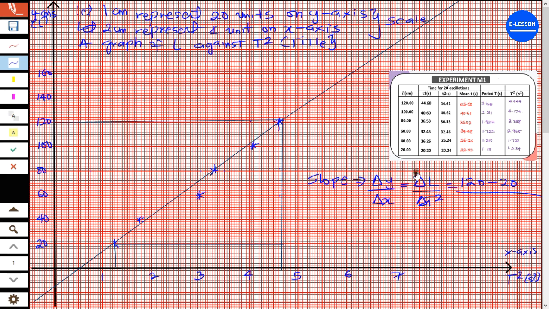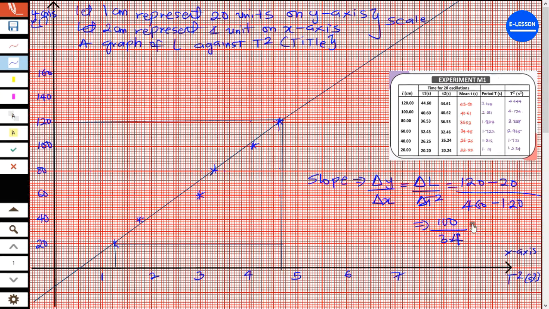Divided by change in T squared. What value corresponds to 120? 120 is 4.6. So let's take 4.60 minus what value corresponds to 20? 1.2. So we took 1.2 here. Now when you punch this into your calculator, 120 minus 20 will give us 100. Then 4.6 minus 1.2, I think this one will give us 3.4.